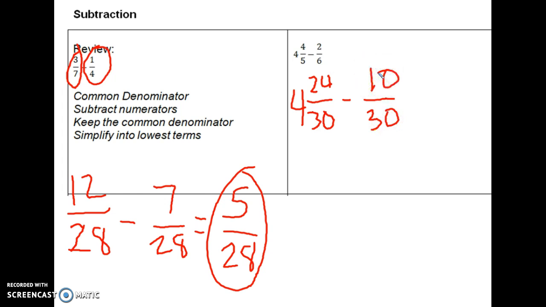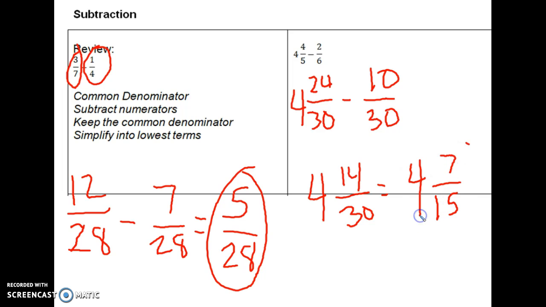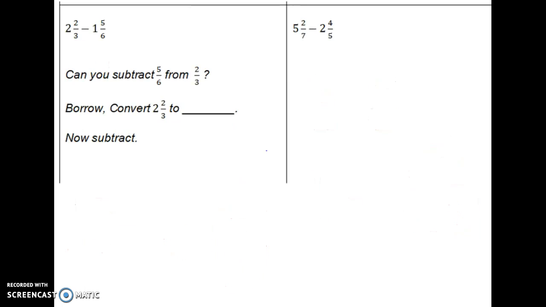Then from here you subtract your numerators, which makes that 14, denominator stays as 30, whole number stays as 4. Make sure your answer is in lowest terms, so you'll notice that 14 and 30 can both be divided by 2, so that's going to change into 7/15, but the whole number stays as 4. So your final answer is 4 and 7/15.